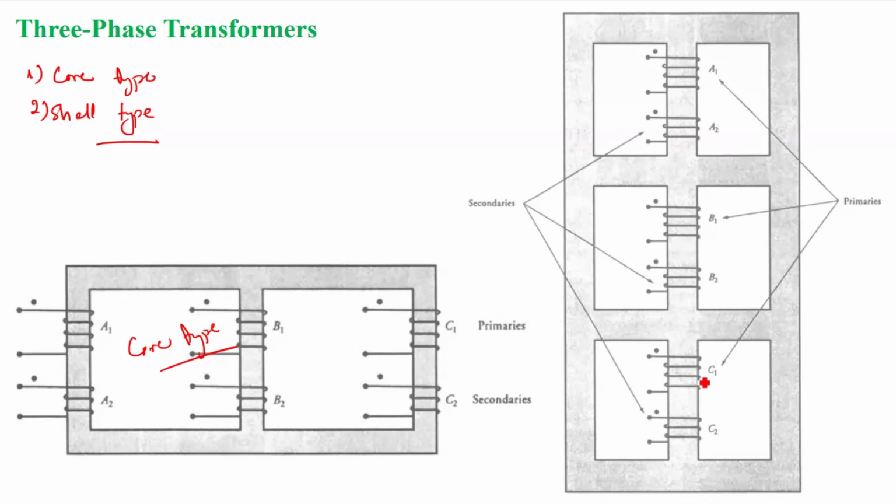A1, B1, and C1 form the primary windings of the three phases A, B, and C, and similarly A2, B2, and C2 form the secondary windings of the phases A, B, and C respectively, right? But these windings are wound on the middle limb of the core. The core is encircling the winding, in fact, right?